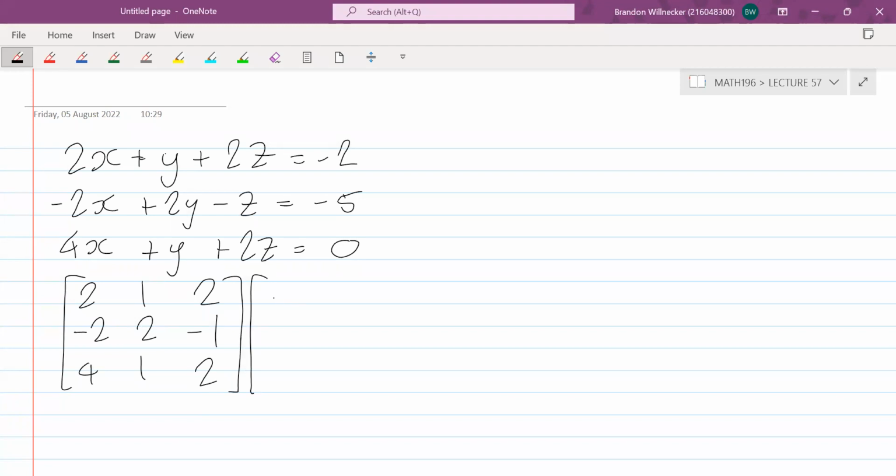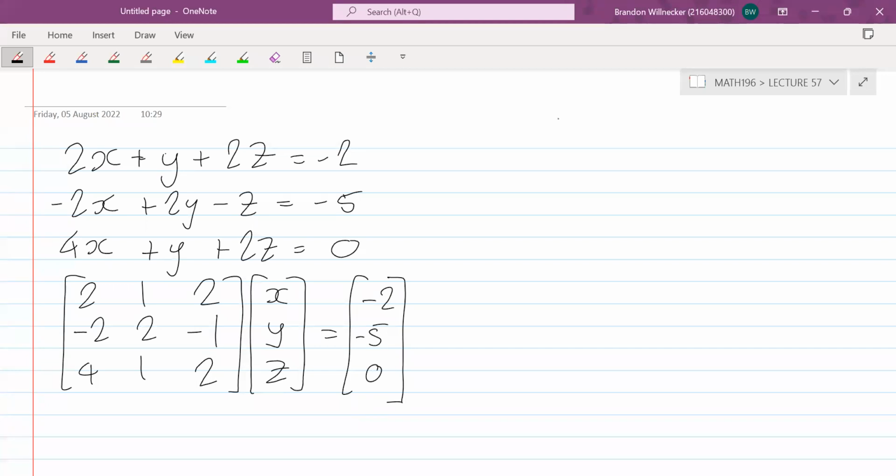This is going to be multiplied by x, y, z, and this is going to be equal to minus 2, minus 5, and 0. So we get one matrix equation from this. If you do the dot product of the rows with the x, y, z column, you get back to the original system of equations. Nothing's changed, we've just rewritten it a bit.